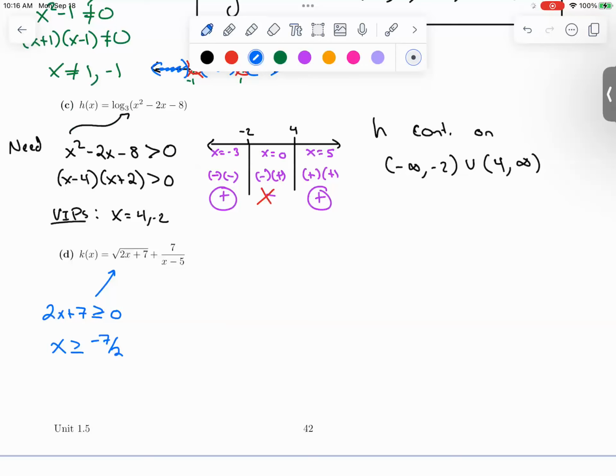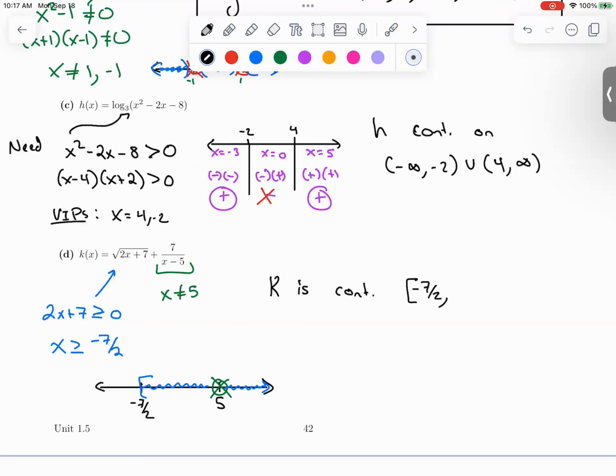So in total, we have that whole interval from -7/2 to infinity, but we have to pluck out 5. So K is continuous from bracket -7/2 to 5 parenthesis, union, parenthesis 5 to positive infinity.